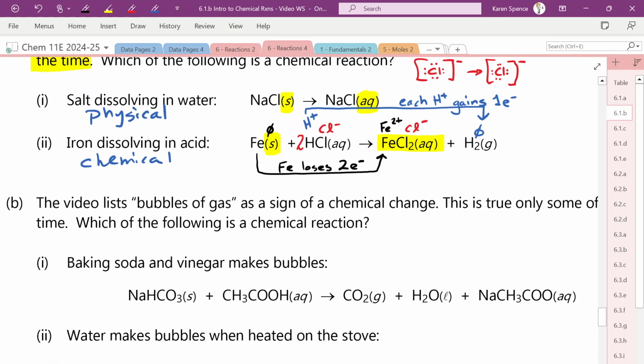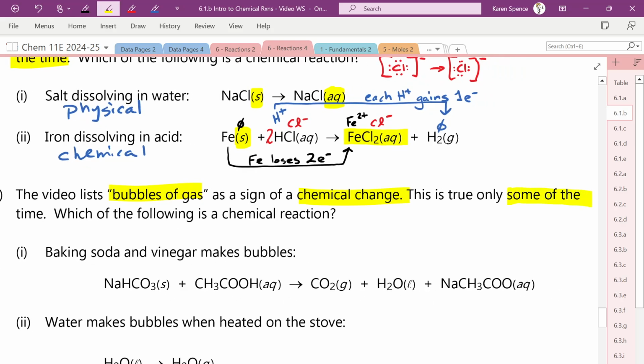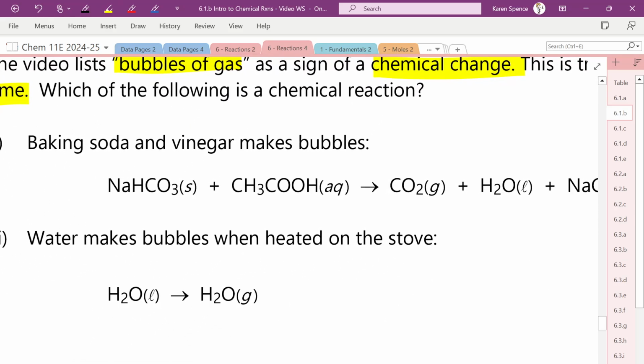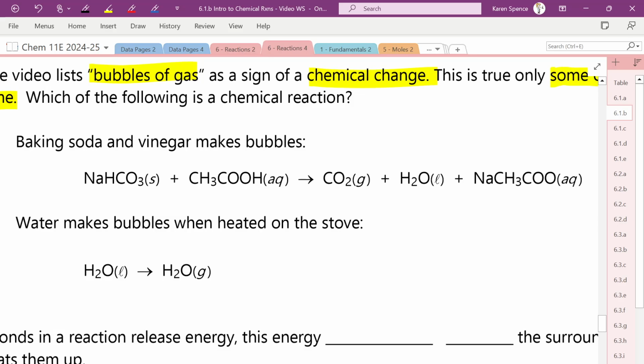Now there's another one. The video lists bubbles of gas as a sign of a chemical change, but this is true only some of the time. Which of the following is a chemical reaction? What if we take baking soda and we mix it with vinegar and we get bubbles? Does that look like a chemical reaction or a physical reaction? Chemical.